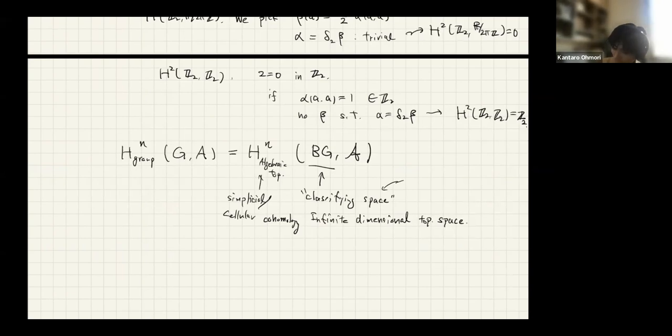And for the classifying space, you suddenly need to think about some infinite dimensional topological space, like B of Z2 is RP infinity, B of U1 is CP infinity, and so on. B of Zn is some infinite dimensional lens space, and B of SUN is some infinite dimensional Grassmannian.